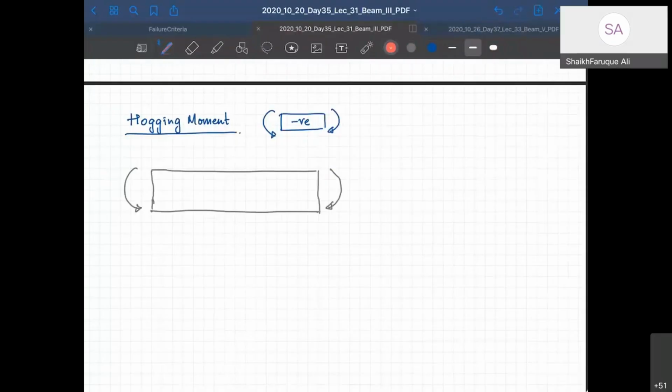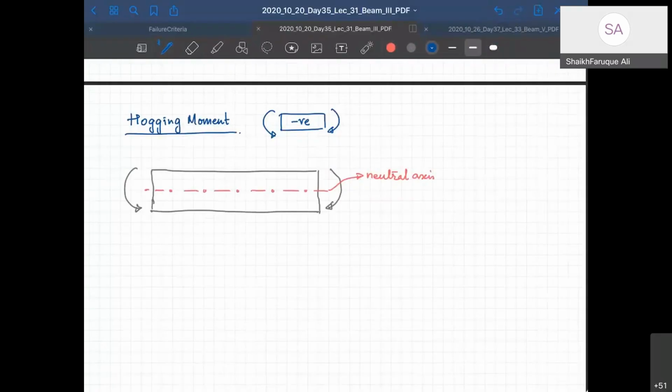So there will again be a neutral axis, neutral plane. This is the neutral axis. Okay. And it's going to bend tensile in the top and compression in the bottom side, right?